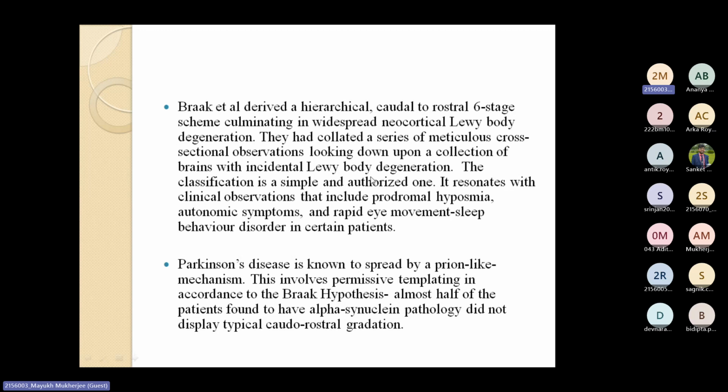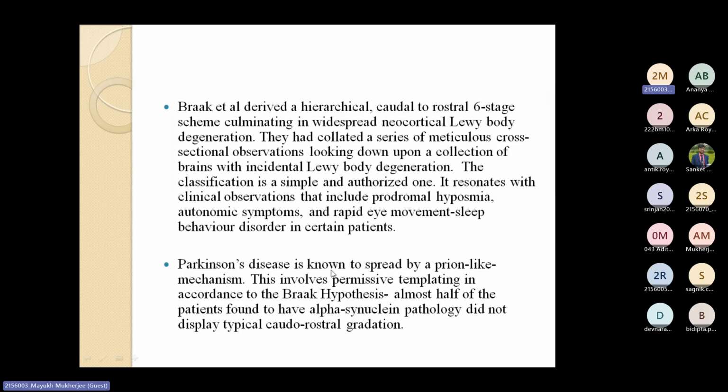These are the different symptoms seen in the patients, such as prodromal hyposmia, autonomic symptoms, rapid eye movement sleep behavior disorder, etc. Parkinson's disease is known to spread by a prion-like mechanism. This involves permissive templating in accordance with the Braak hypothesis.